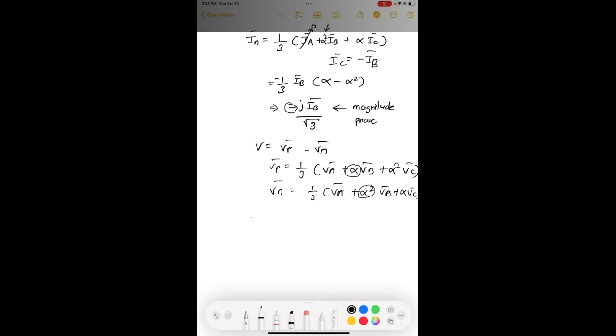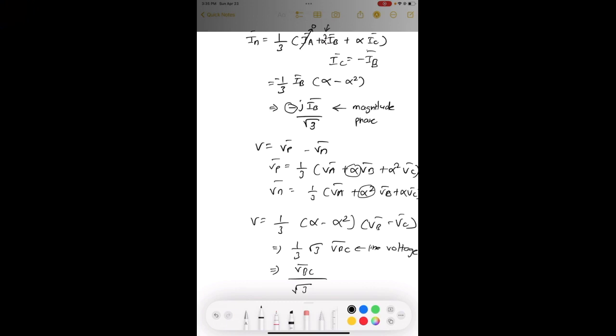So now calculating this, we will get 1 by 3 alpha minus alpha square VB bar minus VC bar. We get 1 by 3 root 3 VBC bar, which is the line voltage, and calculating this, we get VBC bar by root 3.